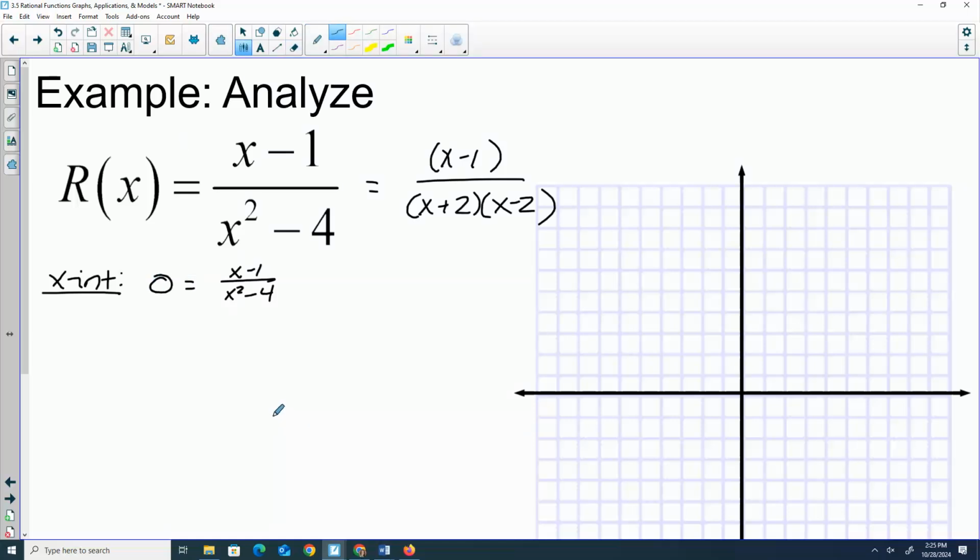What would you do now? Well, if you're trying to get rid of the fraction, you would multiply by x squared minus 4. What's 0 times anything? So I get 0 equals x minus 1, so what's my x-intercept? 1.